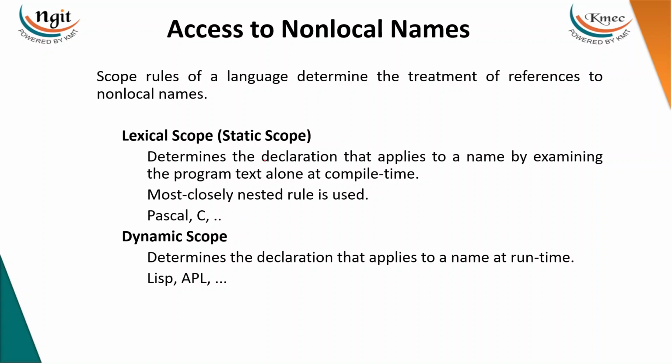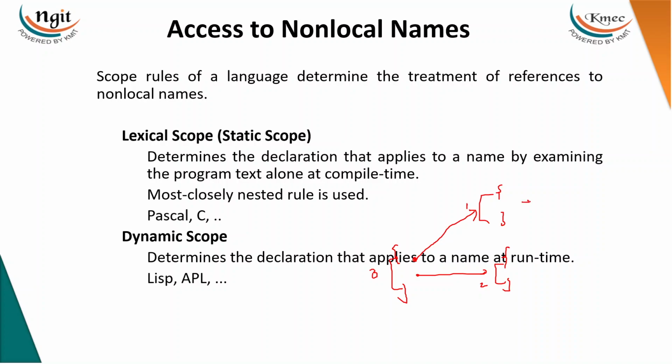Static scope means the name is determined at the time of compilation, and it always follows the most closely nested rule. For example, we have a block 1, a block 2 and a block 3. Assume nesting of procedures is not allowed, but we can call one function from another, like calling block 1 and block 2 from block 3.